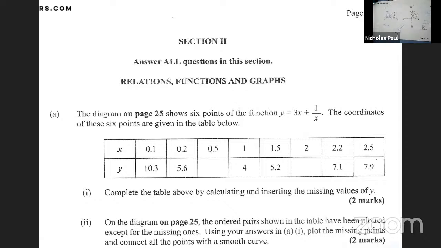5 to 1. Yeah, 5 to 1. Finish block. Mark that 3 times. We have to, oh, we cut it off. 0.5.